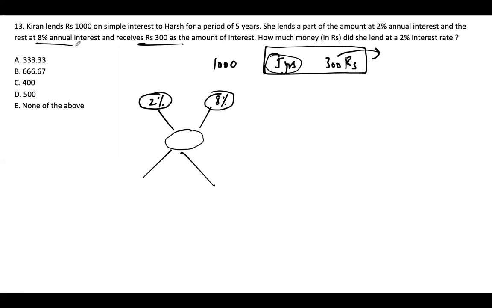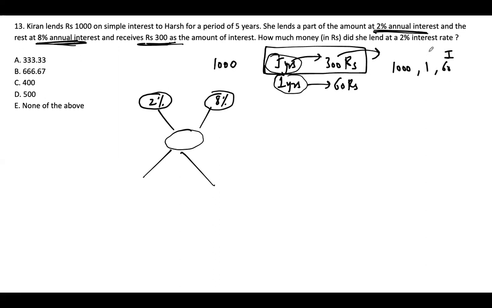See, the information that is provided to you is 2% annual interest, 8% annual interest, per annum. 300 is not your yearly interest. 300 is 5 years' interest. So what is 1 year's interest? 300 by 5, which is 60 rupees. So on 1000 rupees for 1 year, you are getting 60 rupees interest.